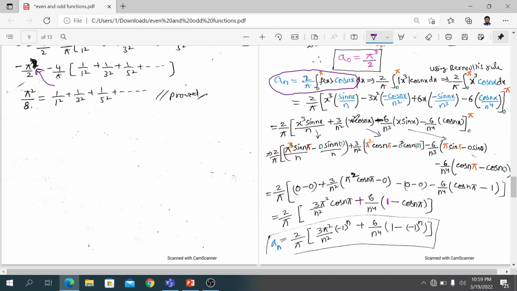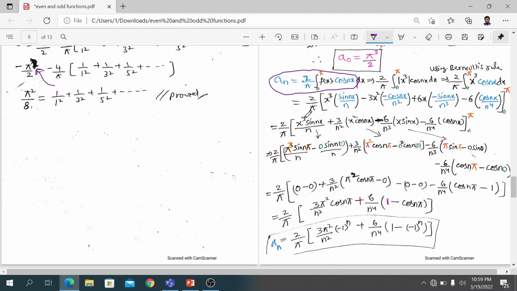Okay. Now upper, this x cube sin nx by n minus into minus plus 3x square by n square cos nx, plus minus minus 6 by n cube x sin nx, minus 6 by n power of 4 cos nx. Now upper limit minus lower limit.